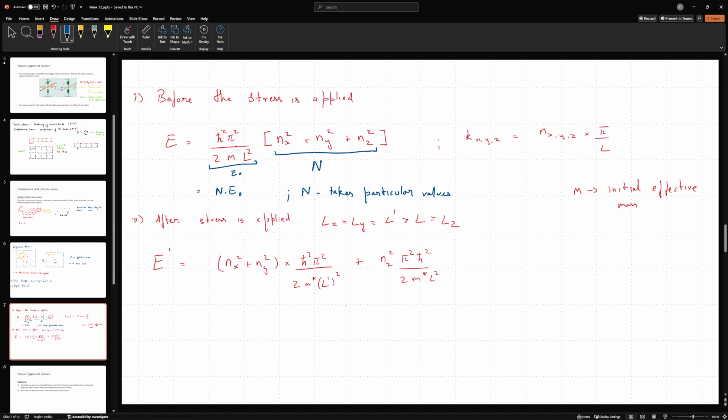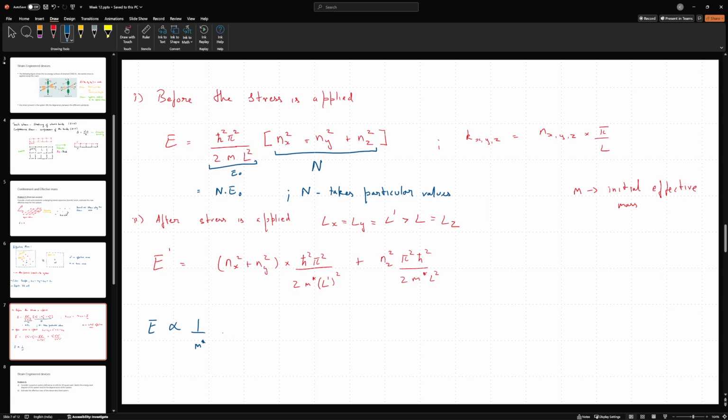So in this case, I will effectively want to represent the energy of my system like this. What I will do is try to change m star in a way that these energies scale similarly. So how do I do that? Notice that E is proportional to 1 upon m star.